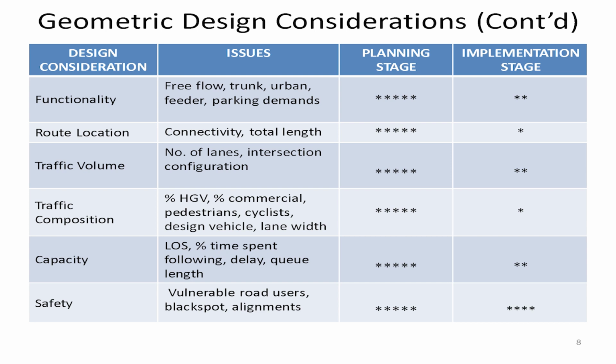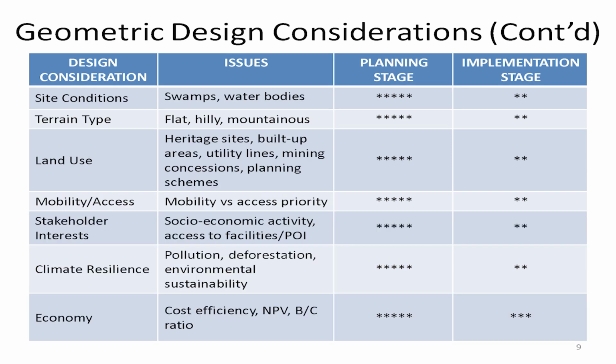Safety is everything. There are sections where you have to reconsider the provision of elevated pedestrian walkways. You have to consider the provision of footbridges, because at the implementation stage, this has become an issue. The next is site conditions.